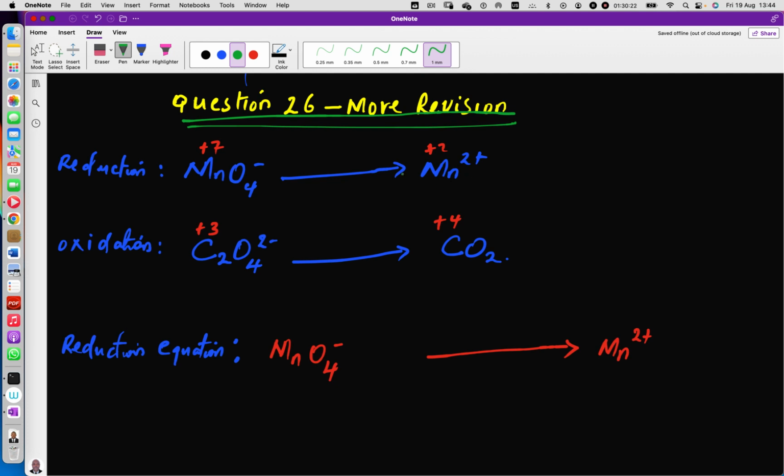Now, in order to balance this, we will balance the oxygen on this other side with a molecule of water. Now we have balanced the oxygen. Now the hydrogens. We can only balance the hydrogen on the left with an ion.